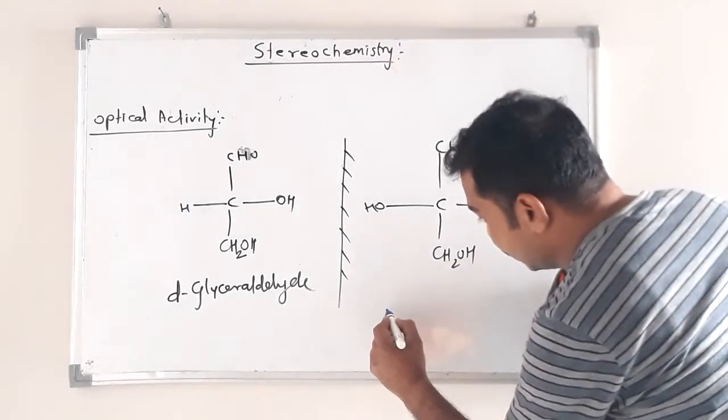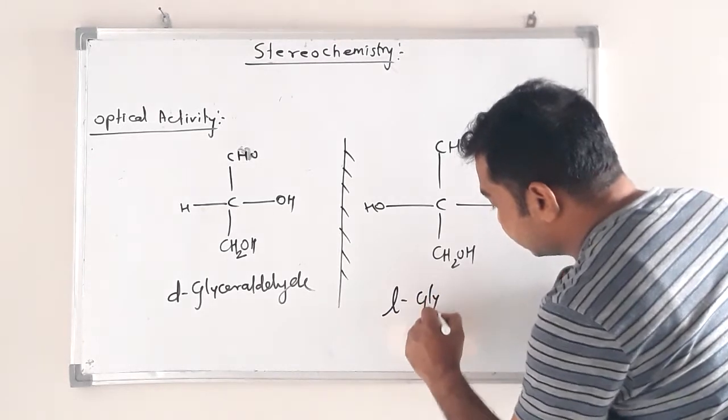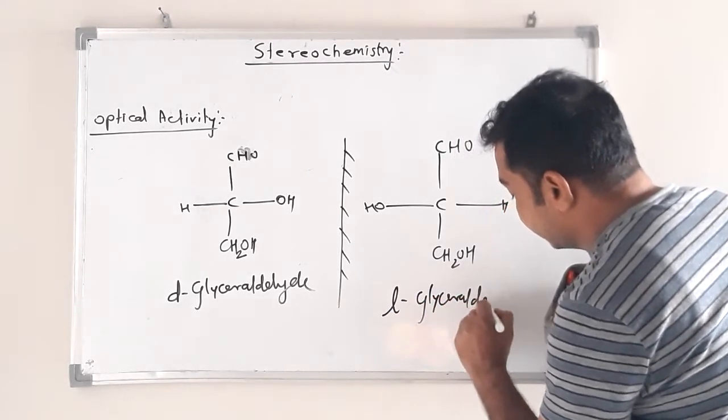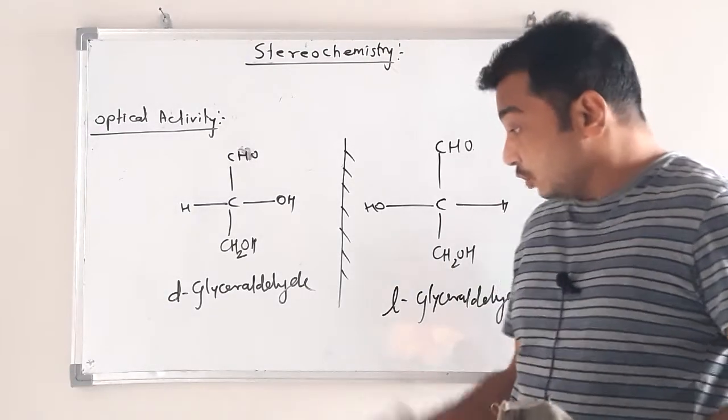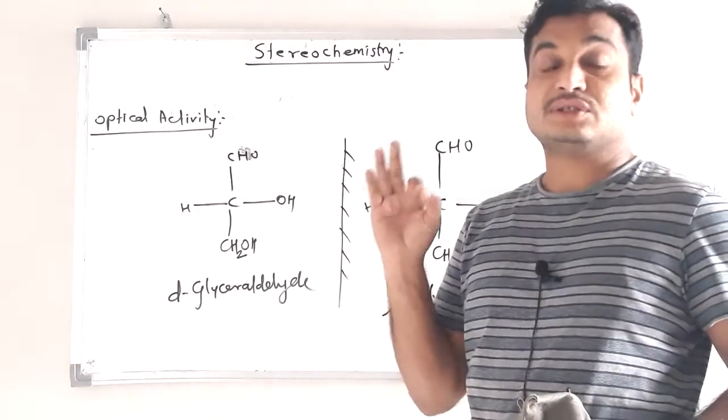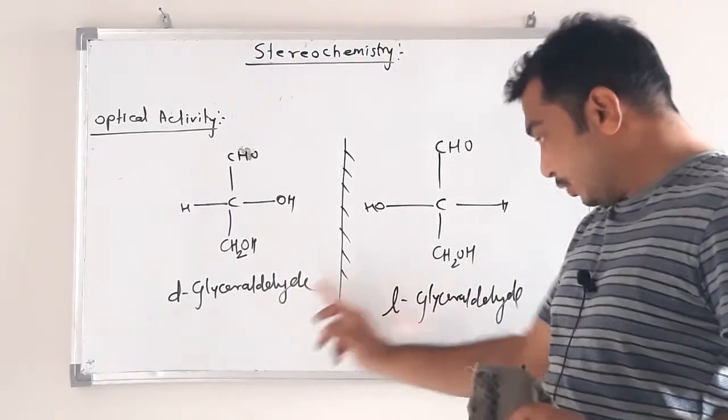That's why it is named small l glyceraldehyde. So we are having two optical isomers.